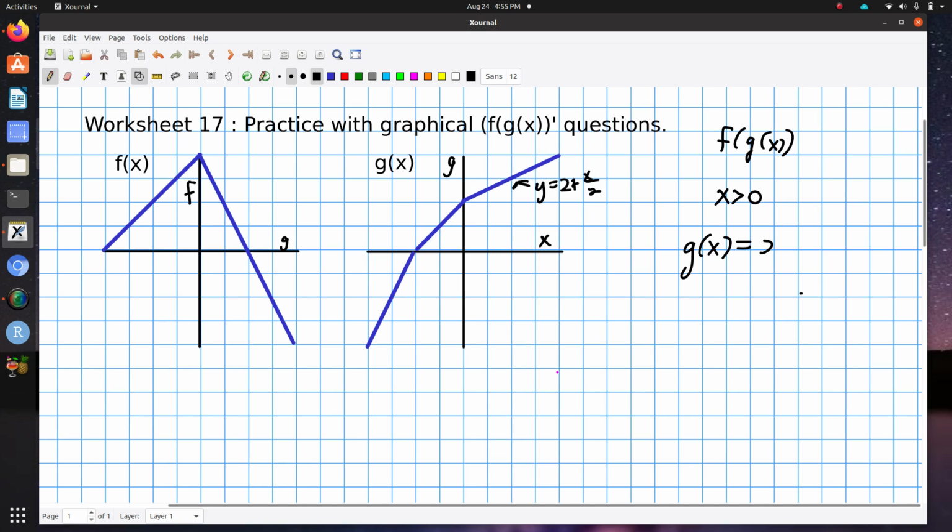So g is 2 plus x over 2, and because we can only get values between 3 and 4, we're going to be on this piece of curve when we shove that into f, and that is 4 minus x over 2. Okay, so f of g is 2 plus g over 2, because I just don't want to use the letter x again. But what is g?